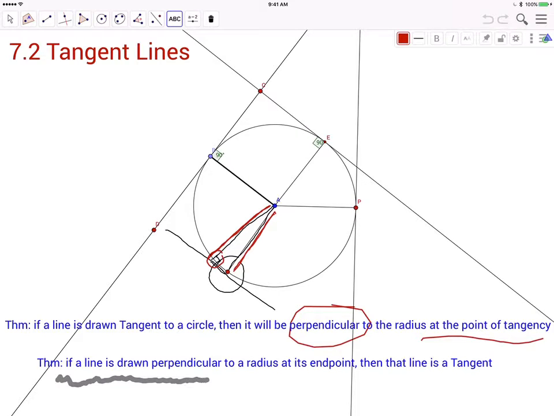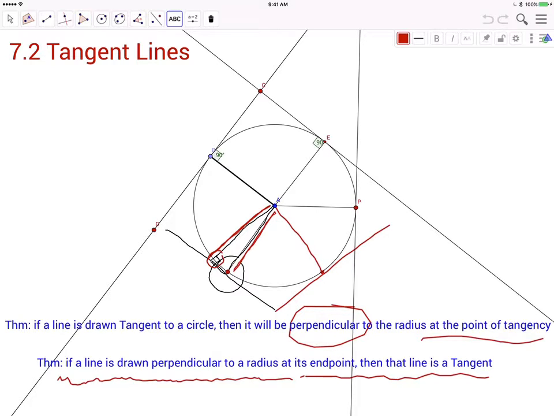If a line is drawn perpendicular to a radius, assuming that we've got a radius and that there is a line perpendicular to it, this theorem says then it's a line that is tangent. Well, a tangent line assumes that there's only one point where it hits the circle.